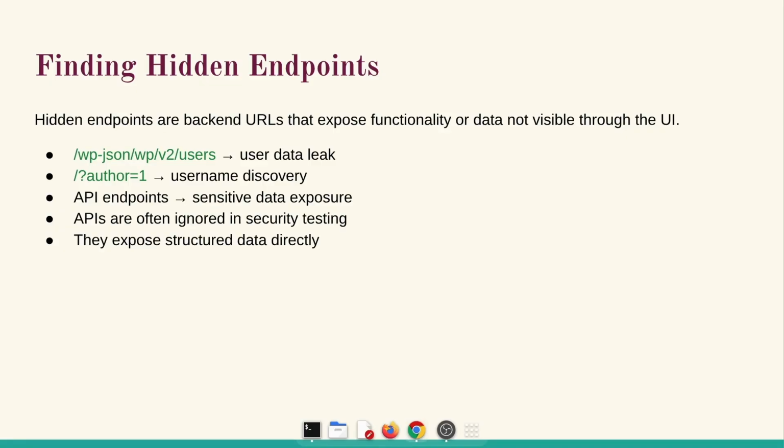This is where most people stay shallow. Developers build APIs for front-end frameworks only, or for mobile apps. These APIs are often publicly accessible and poorly secured, so the attacker can easily attack.